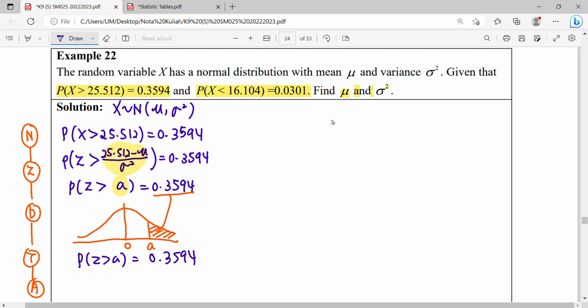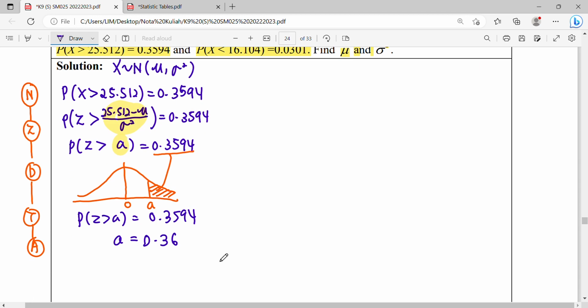So this A reading is 0.36. Then I can substitute back what's represented here, which is 25.512 minus mean over standard deviation.